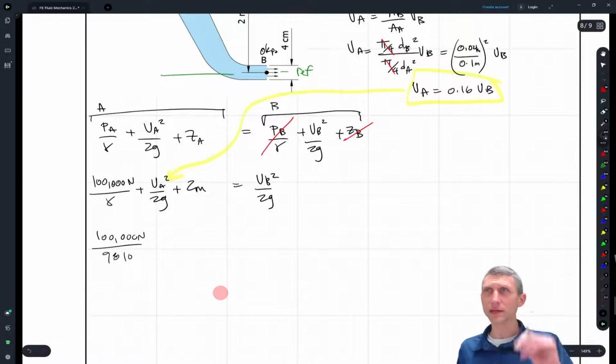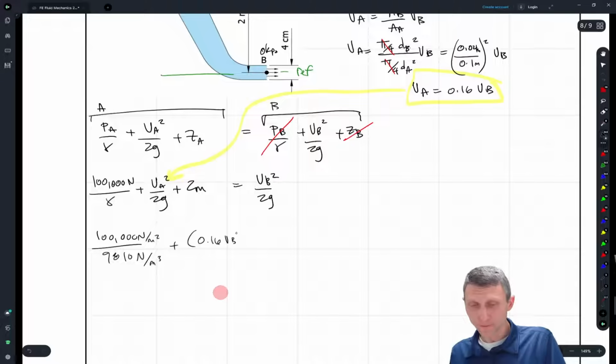So I just wanted to get everything working right here. Newtons per meter cubed, newtons per meter squared, and then plus, instead of VA, what I'm going to substitute in here is 0.16 VB, and I have to square that, divided by 2G, plus 2 meters equals VB squared over 2G.